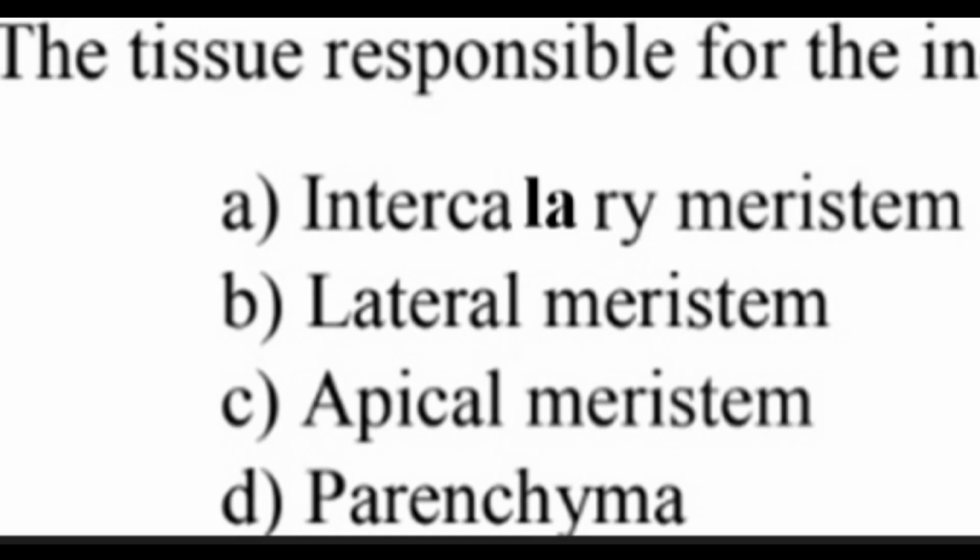Apical meristem is found at the tip of the plants, that is either the tip of the shoot or the tip of the root. And parenchyma is only a permanent tissue, not a meristem itself. So the answer here is lateral meristem.